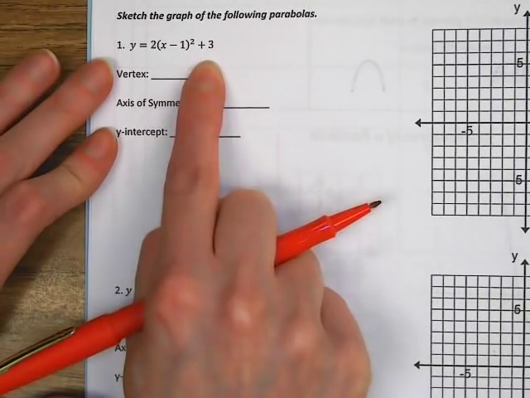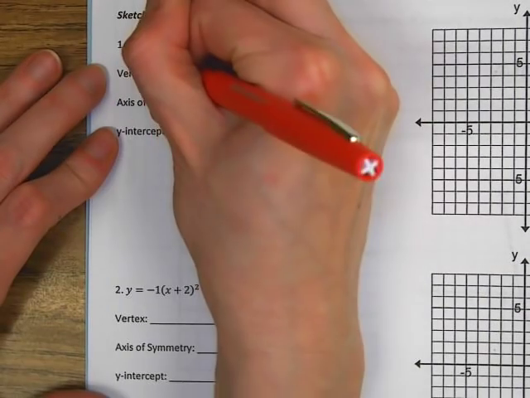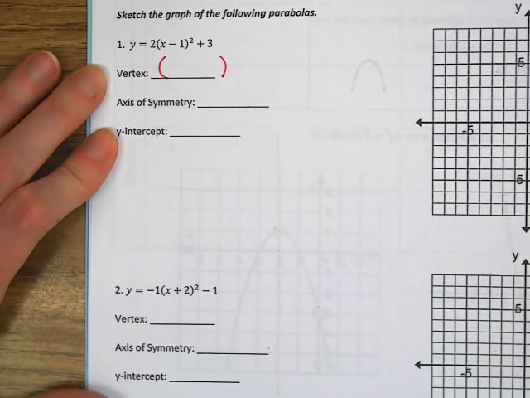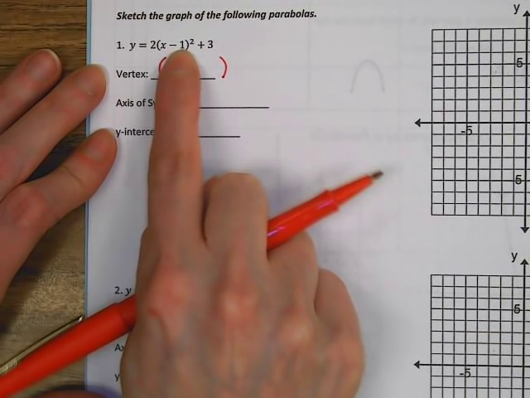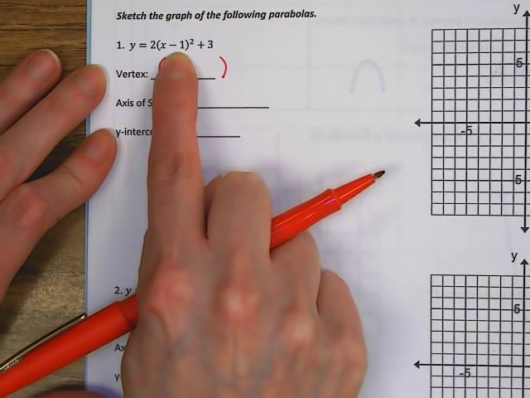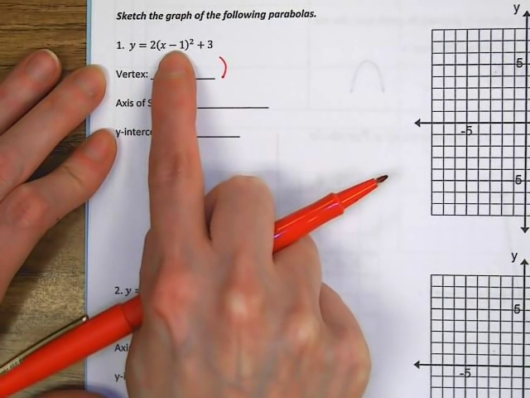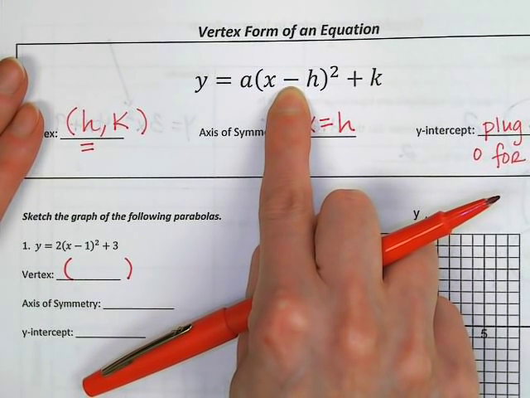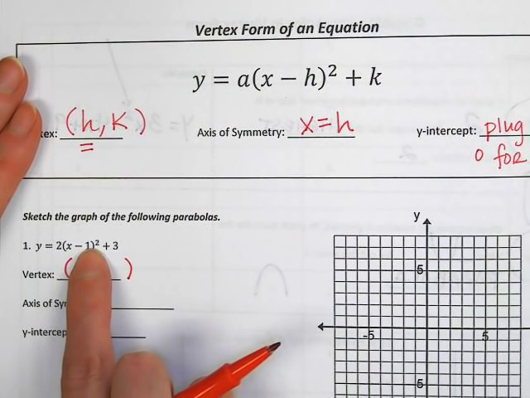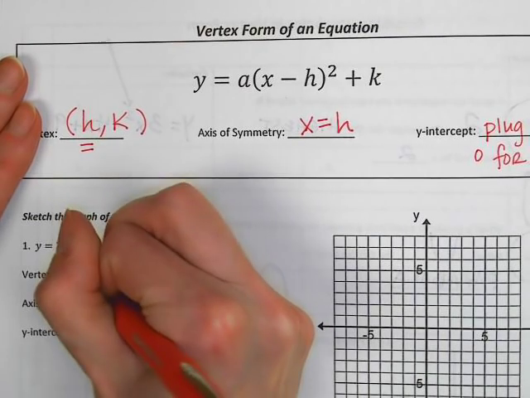So here's your equation in vertex form. First thing is, what is the vertex? Now remember in Desmos we said whatever the h is, it's always opposite of what it looks like in the formula because of that minus sign. So if it says x minus 1, it's actually going to be positive 1.